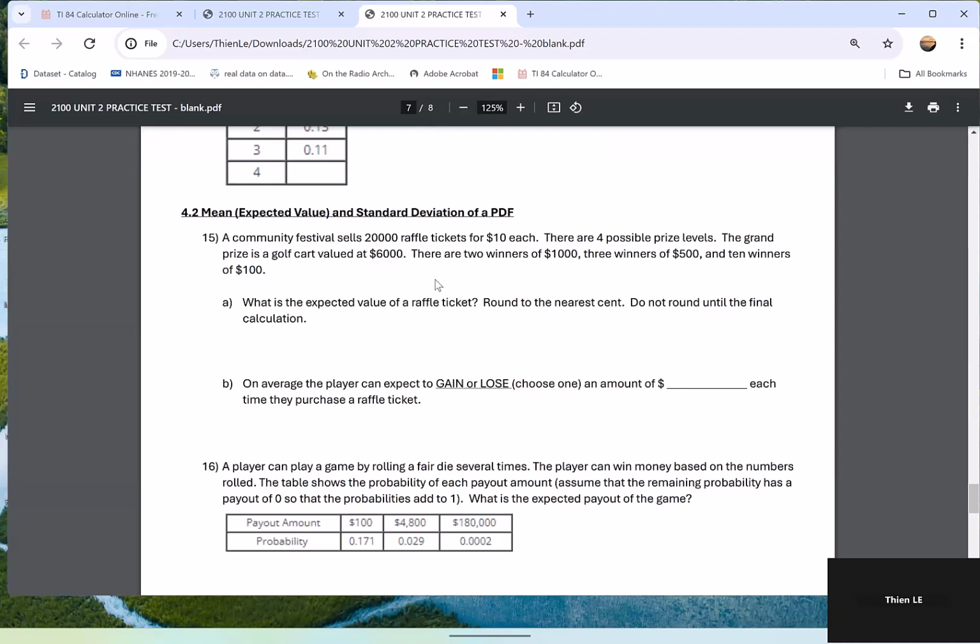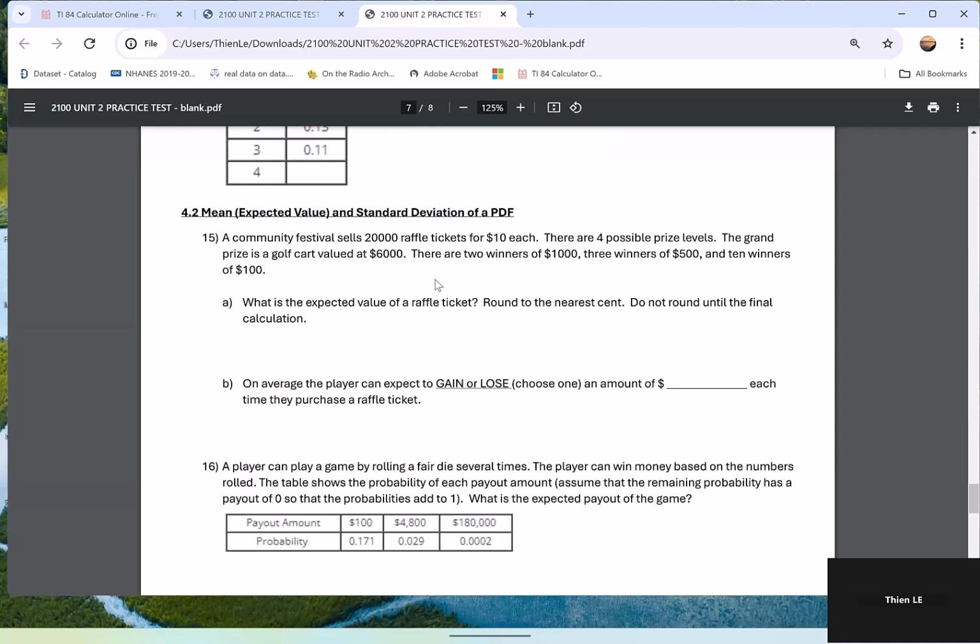And because when you buy a ticket, we don't know for sure if you win or not, from the way they design the prizes, you can know the probability of each scenario. So the probability you win $6,000 will be just 1 out of 20,000 because there is just one grand prize.